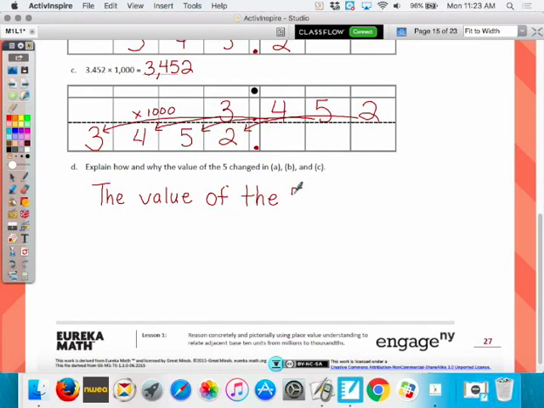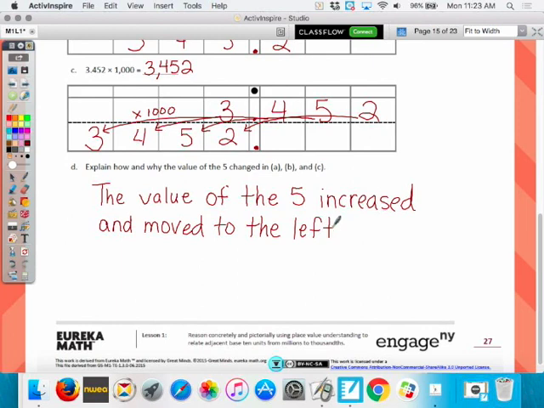The value of the 5 increased and moved to the left. Now you ready for this? I could write because, but I feel like being more sophisticated today.